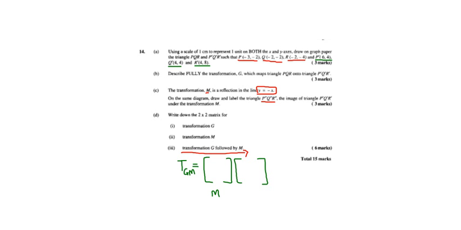Opposite to the order of the transformations is the order of the matrices in the multiplication.